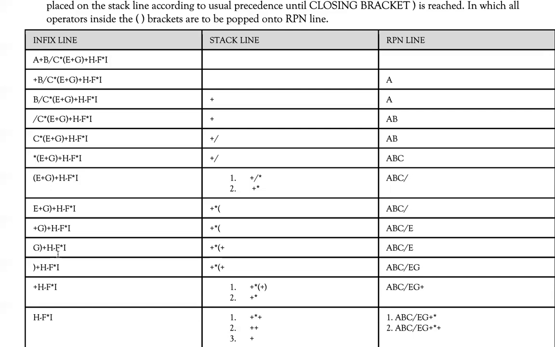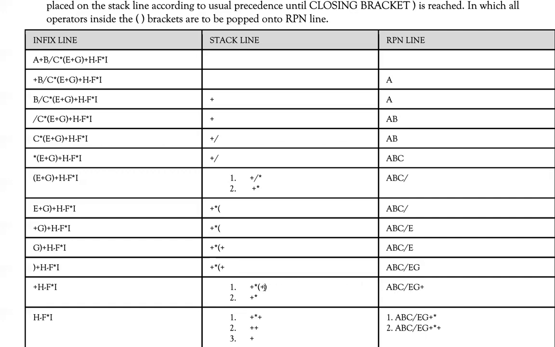In which case, after my G, I will simply place this plus that is popped from here. So that E, because it was an operand, came over here. Then this plus ended up in my stack. Then G, which was an operand, came here. Then this bracket close came on top of my plus sign, because of which now this statement is complete. This bracket is complete, and I will proceed towards popping everything inside the bracket. There you go. We popped the plus and it ended up over here.